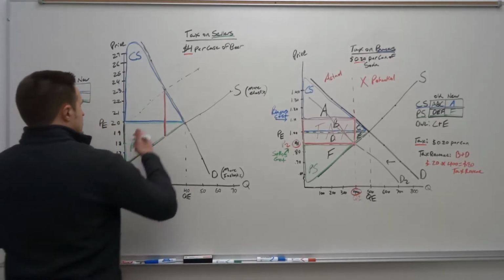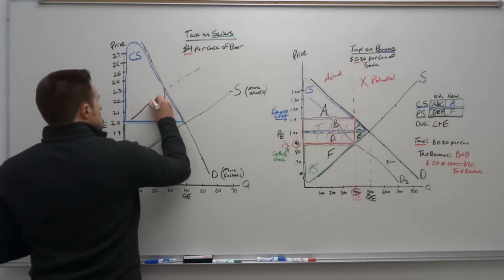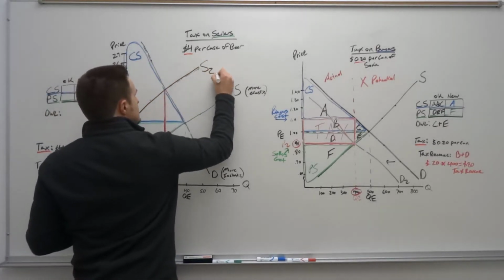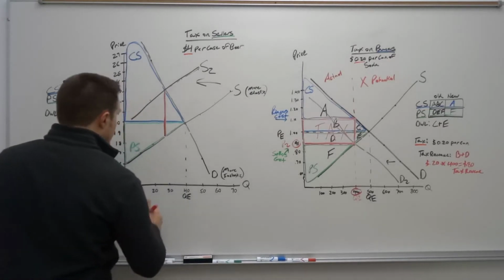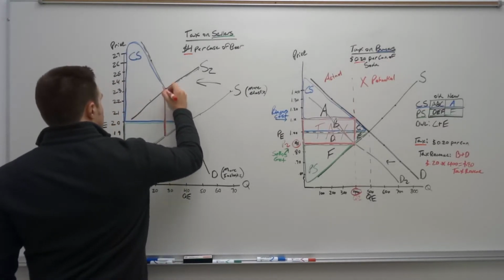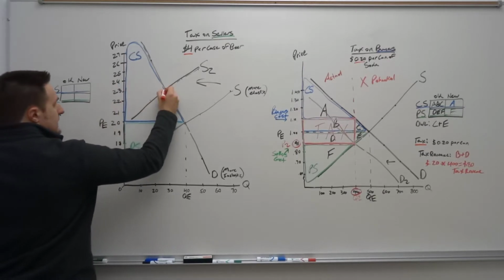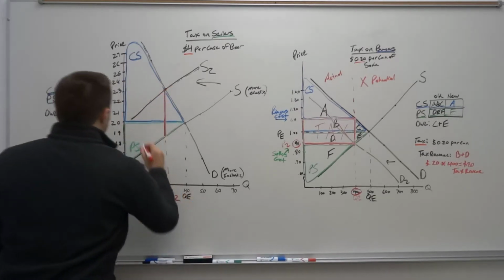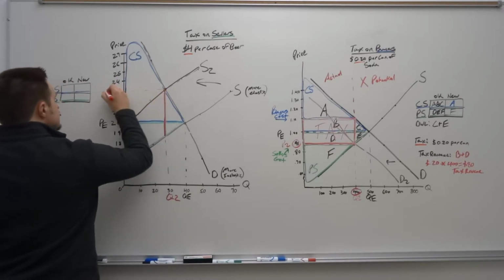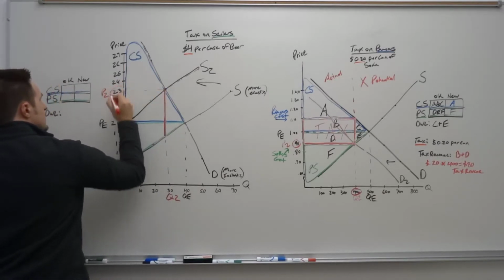Let's fill in our supply curve here. Here's our new supply curve, S2. And our new equilibrium point, the focal point of the graph, is going to be here. This dot is going to give us our new quantity, so we'll call it quantity 2. And it's going to give us our new price, price 2, at $23.